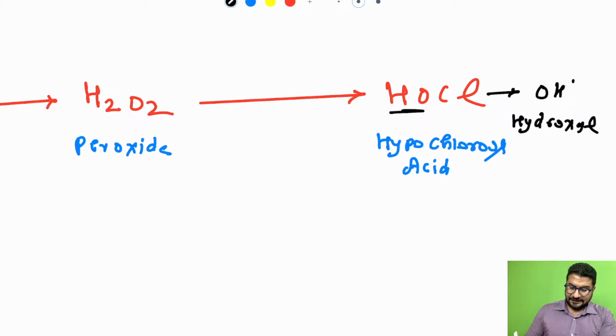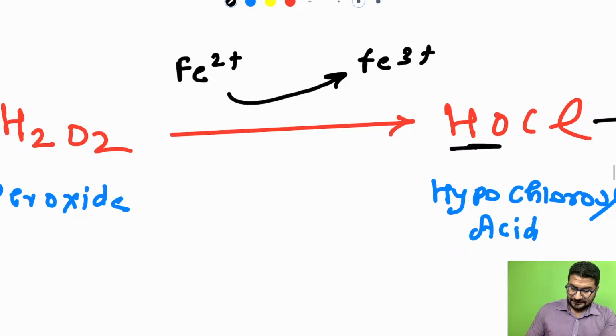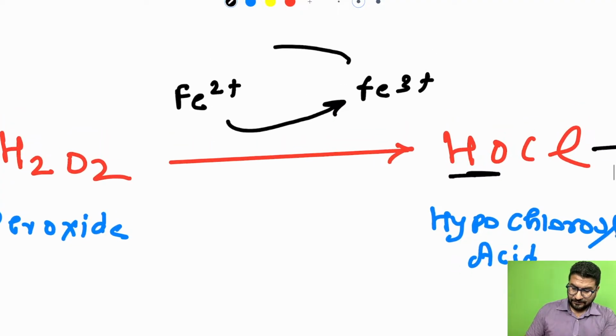And similarly, understand here there is iron, Fe2+. This Fe2+ will convert into Fe3+. And similarly, this Fe3+ is converting back into Fe2+. So you can see Fe2+ and Fe3+ keep on converting into each other. So they also use oxygen as a free radical.